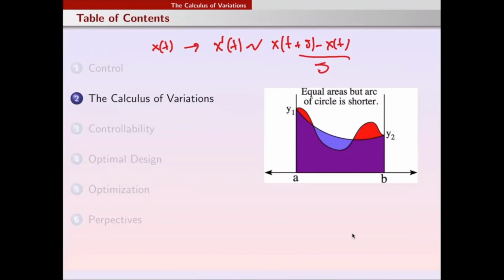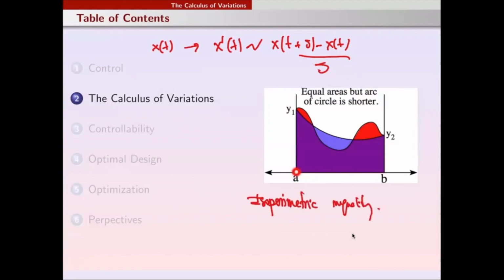And then a very typical example is the isoperimetric inequality. What does the isoperimetric inequality say? It says the following. This is a very simple example.